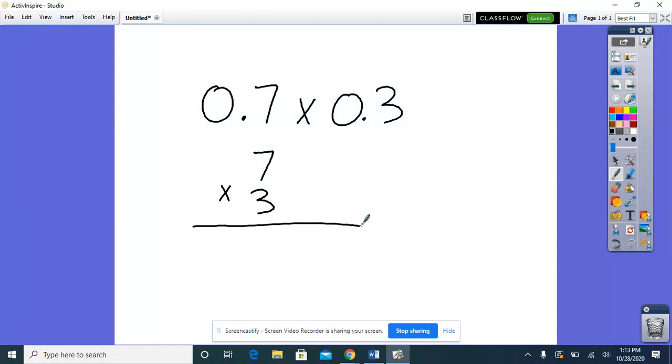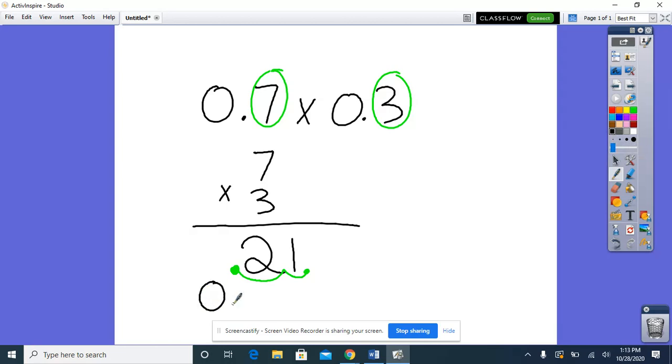And we can just solve that. 3 times 7 is 7, 14, 21 would be my answer. And I need to go back and still circle the amount of digits after my decimal, 1 and 2. Start at the end of my answer and go 1, 2. So my decimal would be here. So it's really important to add a 0 at the end. Instead of just having decimal 21, you need to have 0.21.